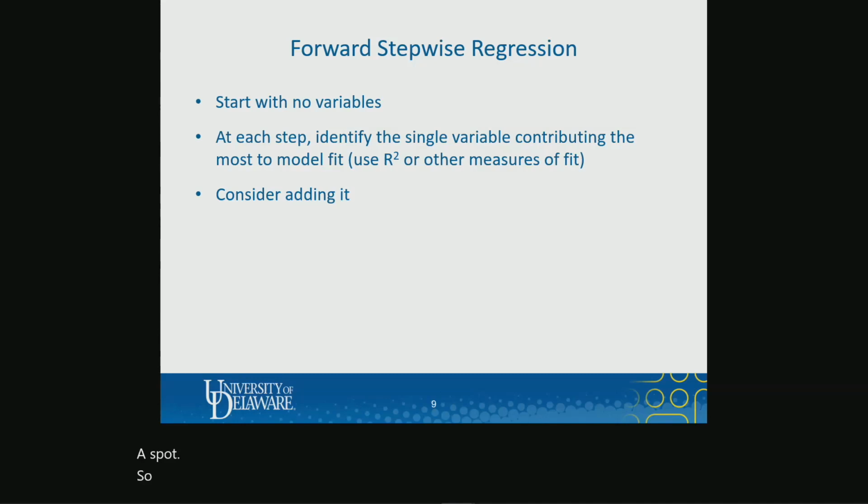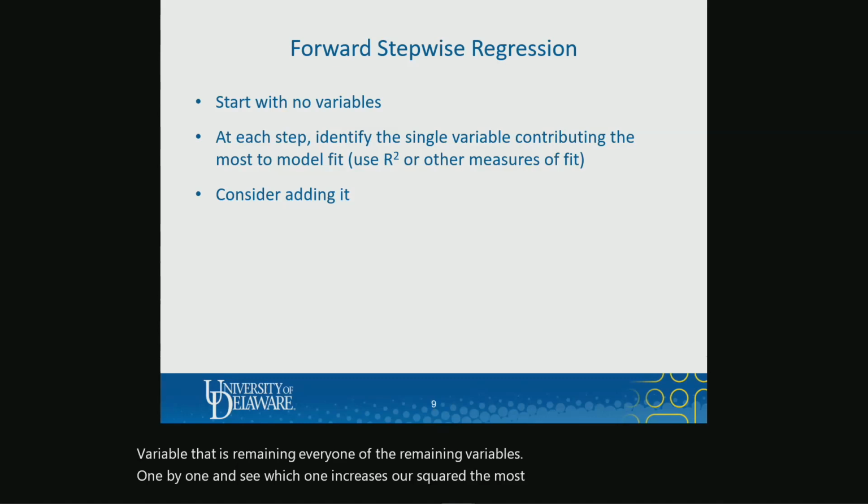So we want to add another variable. What we do is try out every one of the remaining variables, one by one, and see which one increases R squared the most. And we add that one.